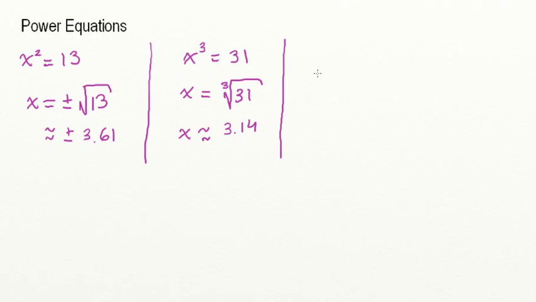Now, one more problem. Solve for x. Okay, so take a minute to solve this one. So straight away I'm going to tell you the solution should be x equals plus or minus root of 10. Okay, I'll show you how to do it now.